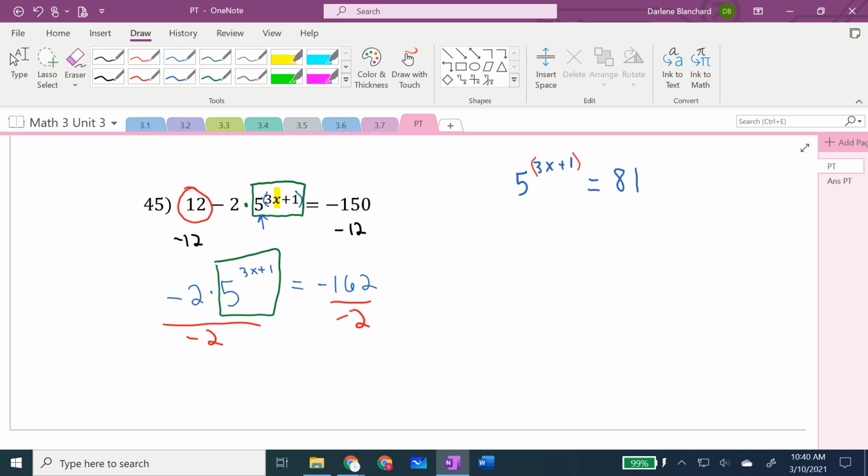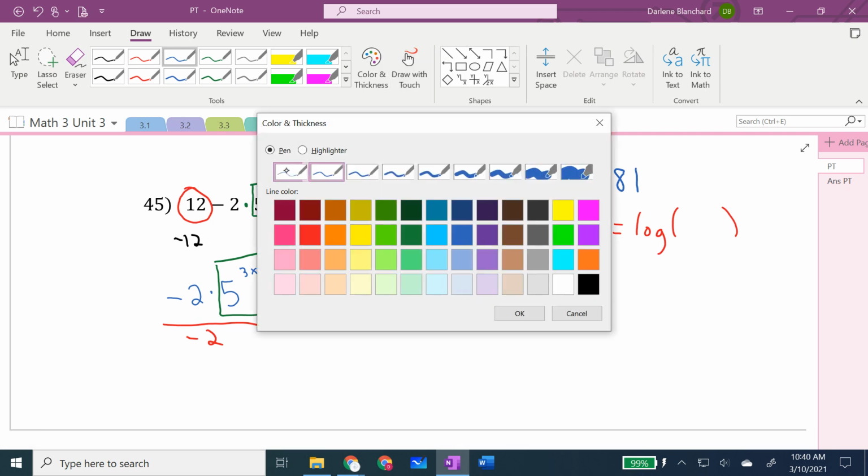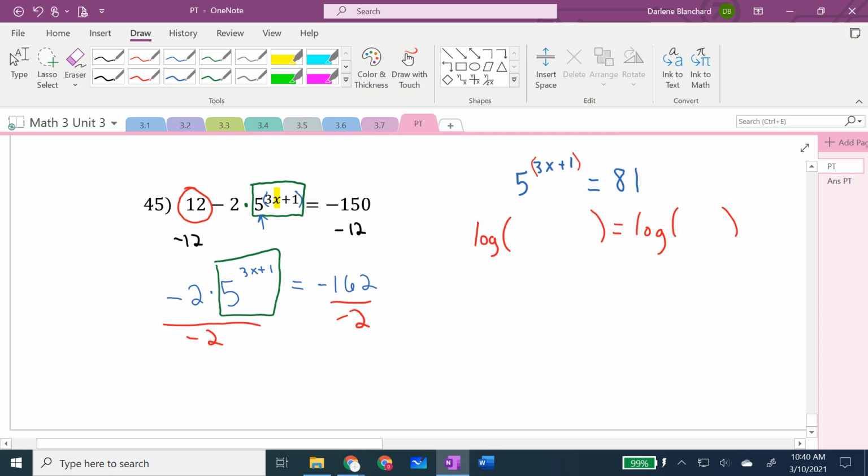This is where the logarithm has to come in, and it cannot come in sooner than this. Now the logarithm comes in, and if I'm going to go ahead and just do a log base 10, I'm going to log base 10 both sides of this equation. And I'm not writing the 10 because it's understood if I don't write it.